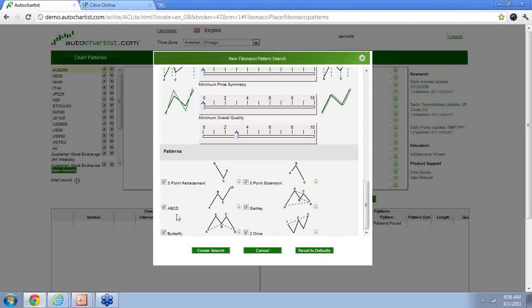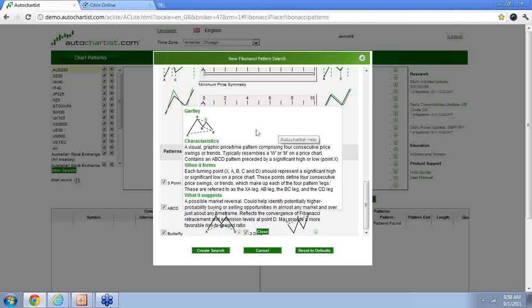The building block of all these patterns is the ABCD, which is the basic lightning bolt pattern. So if you're going to go to a Gartley pattern, you can click on this I button, and it's going to tell you the characteristics, how it forms, and what it suggests, and that's going to help you out there. But as far as knowing the precise formula, I'm not sure.